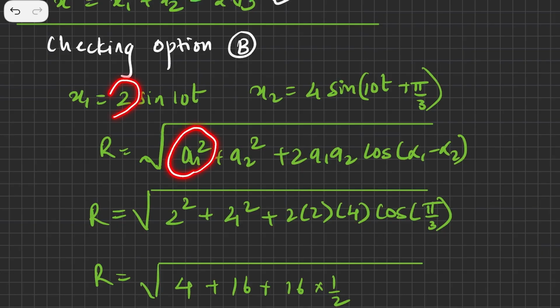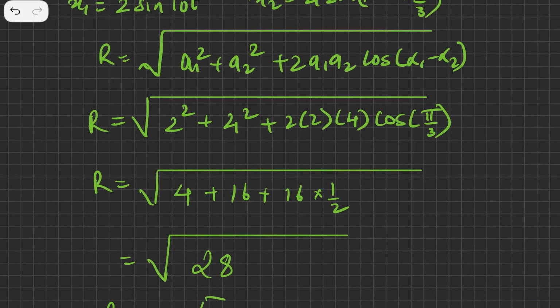A1 is 2, A2 is 4. Alpha 1 is 0 because there is nothing, and alpha 2 is pi by 3. So I put alpha as pi by 3 minus 0, which is pi by 3.